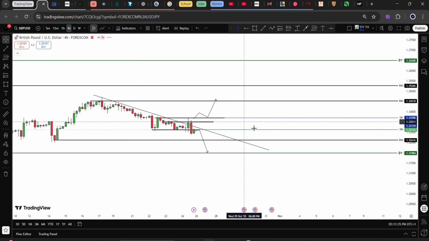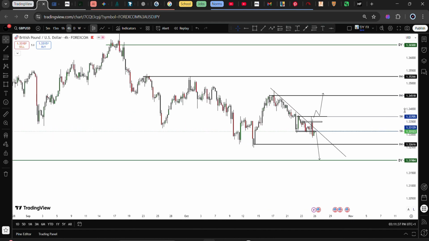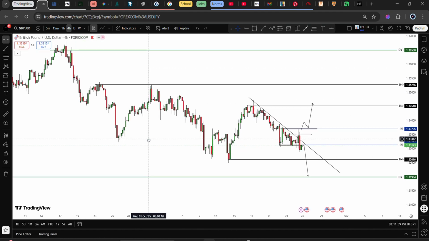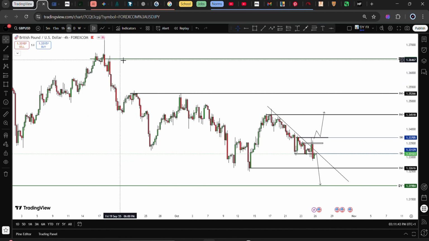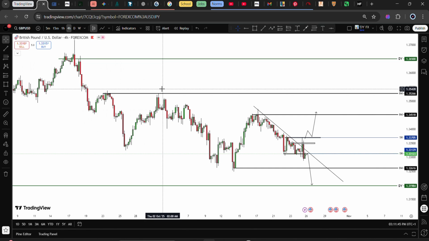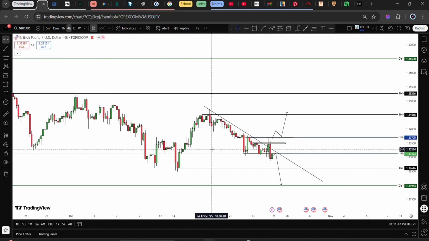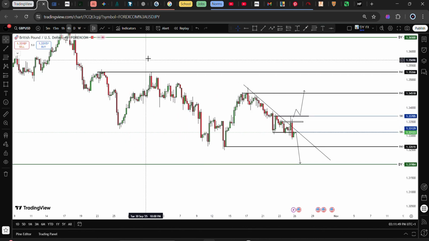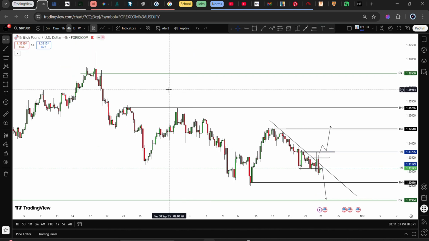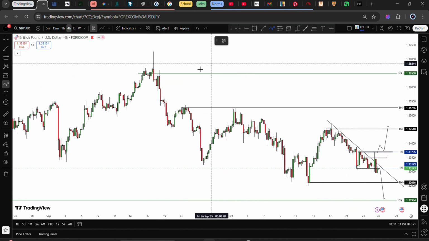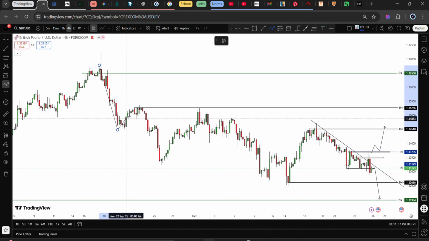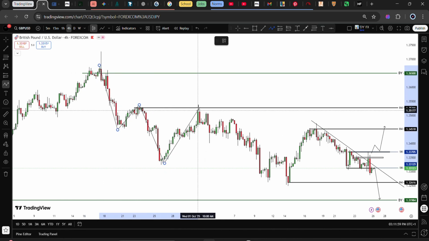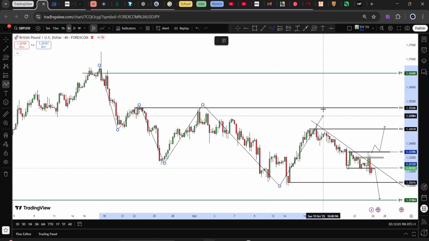So moving on, we go straight to the 4 hour time frame. Even with this consolidation we're having on the daily time frame, there is a trend within this consolidation, and the trend we could see here is a downtrend. So currently we are in a downtrend on GBP USD. And how did I know that? We have this market creating lower lows and lower highs, lower low, lower high, lower low, lower high.